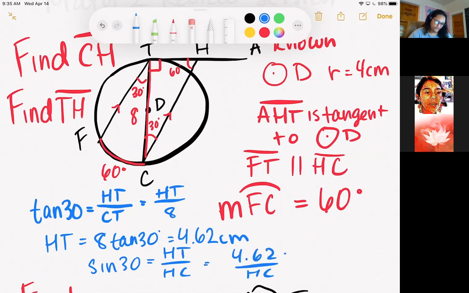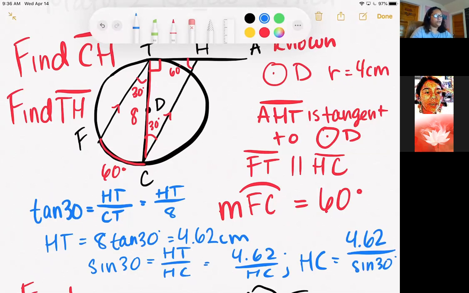Therefore, HC is equal to what? Right? If you do the algebra.